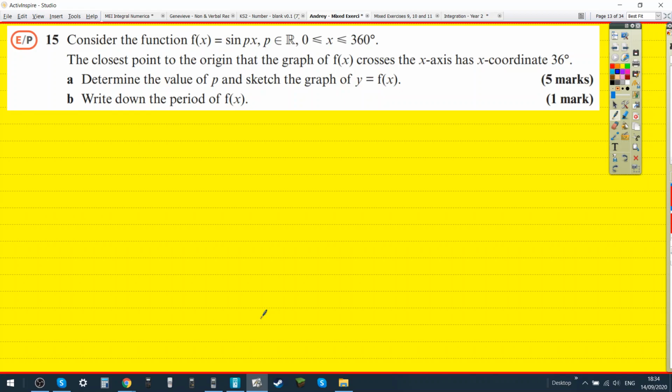Do I need to like sine 36p? Okay. Should I make y 0? Yeah. And so just solve for P. Yep.